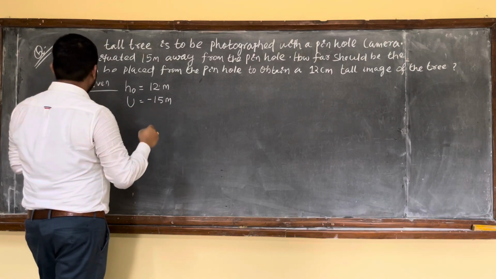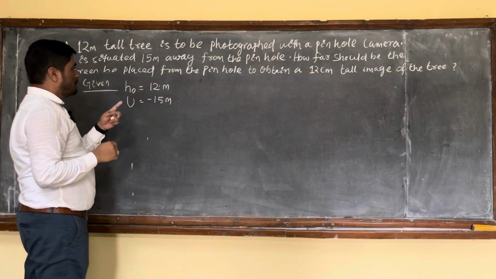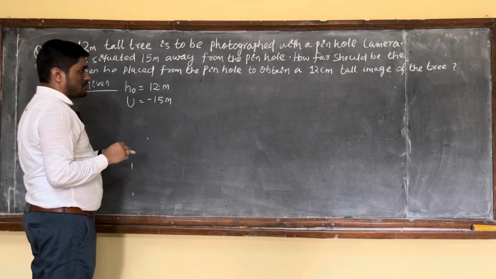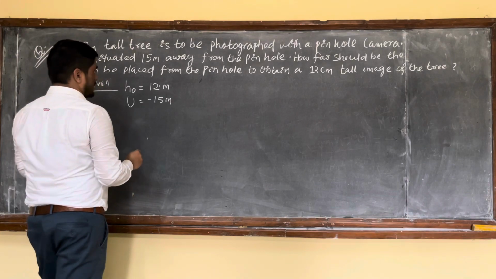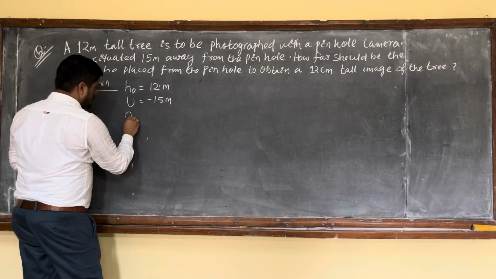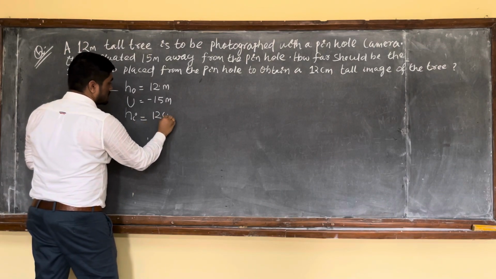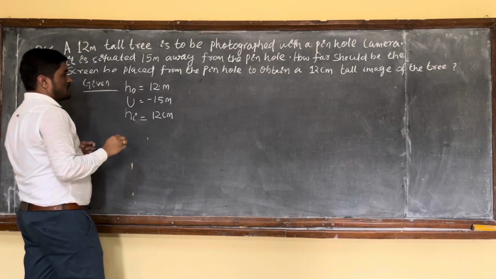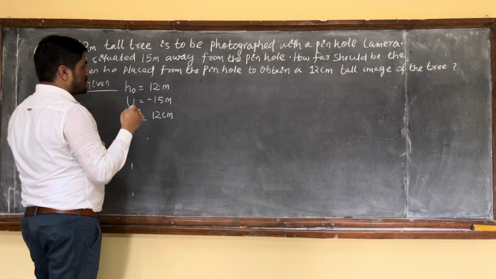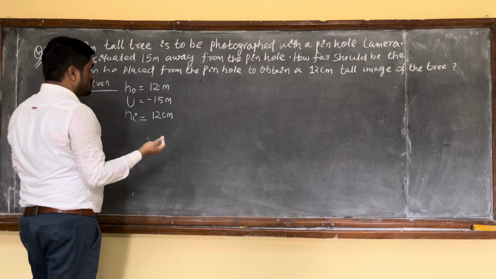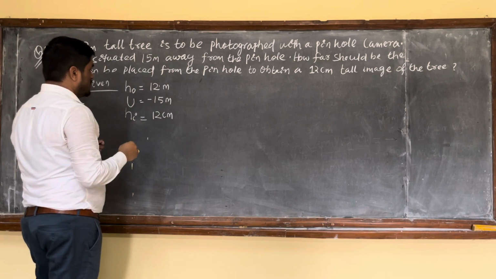And how far should the screen be placed from the pinhole to obtain a 12 centimeter tall image of the tree? That means height of image is given 12 centimeter, and it is asked at which distance the screen is to be placed to find the image.